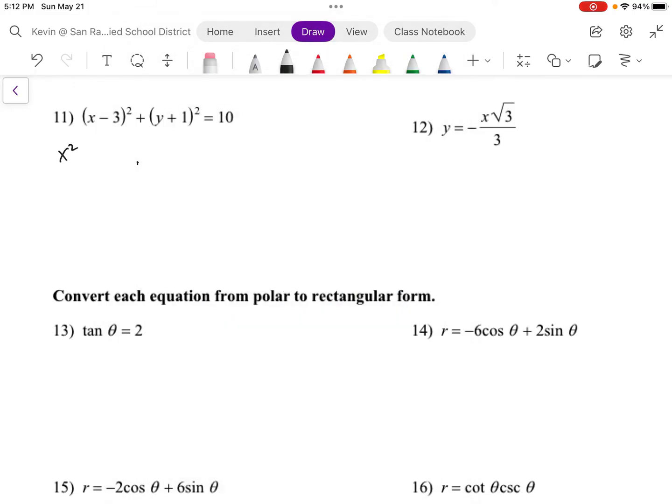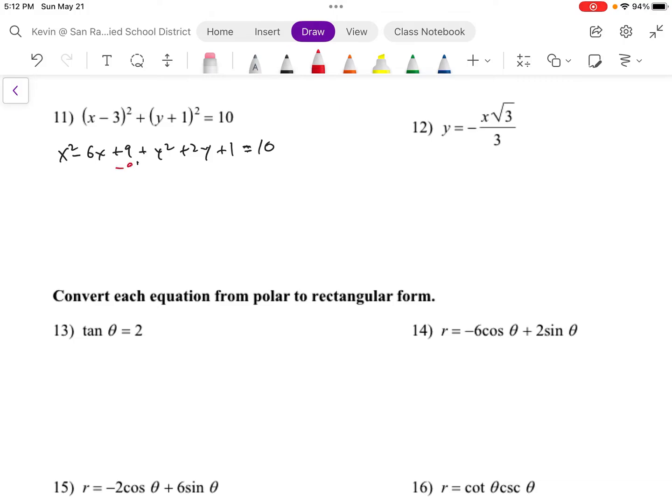So expand this out and it gets x squared minus 6x plus 9, and then plus y squared plus 2y plus 1 equals 10. So we have to be able to expand.